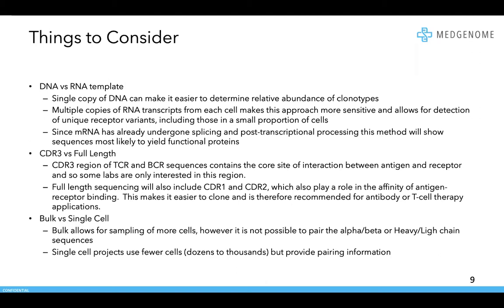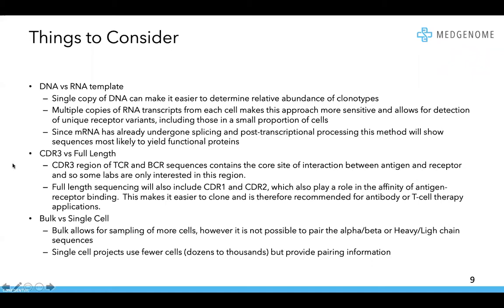The downside is that because there's only one copy of DNA per cell, if you don't capture something in your library, perhaps a small subpopulation of cells, then it's completely going to get missed. Whereas with mRNA, because there are so many copies of each transcript, you sort of have multiple chances to capture these rare clonotypes in your data.